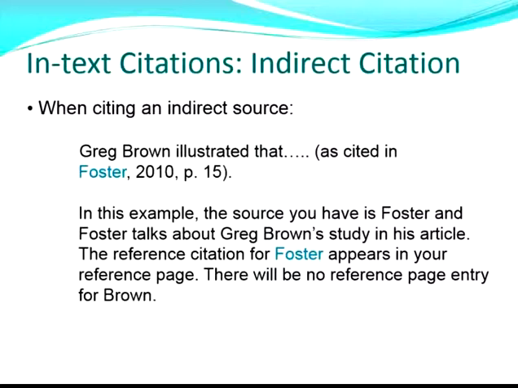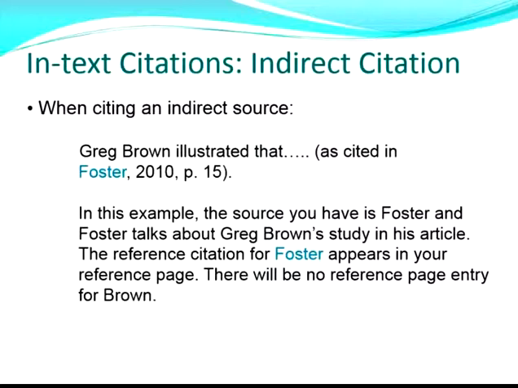So Greg Brown, a prominent author, or a well-known scholar, or a research scientist, or someone who conducted a study, whatever we can say about him. But we would say Greg Brown illustrated that. It's important that the signal phrase has who's actually saying it, but your in-text citation is matching with your reference page. So Brown is not going to be on your reference page if you weren't able to find his source. You found this out through the Foster article.